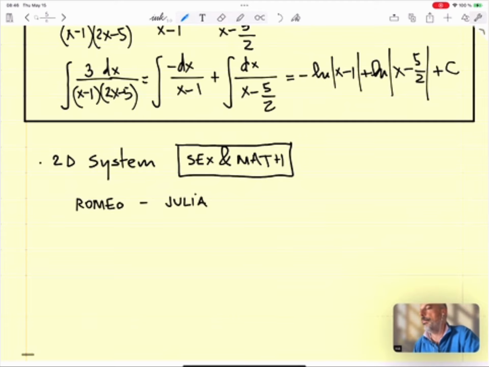The love of Romeo to Julia is described by the function R(t), and the love of Julia for Romeo is described by the function J(t). And Romeo and Julia interact.